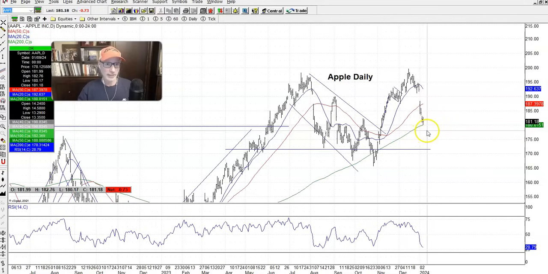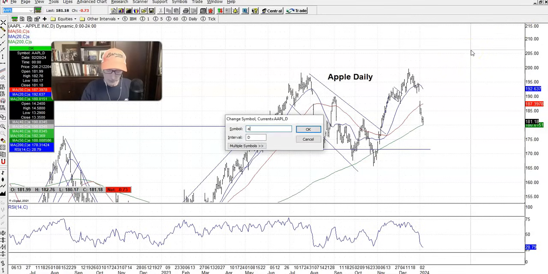If it does, then you could probably scale into some more longs as it's starting to move up. But right now, it's a nice $20 discount. RSI is getting a little bit towards the oversold area. So you've got the moving average and the RSI all coming down into more oversold areas. This could be a decent area to potentially get long Apple. All right, so let's see what else we have here.